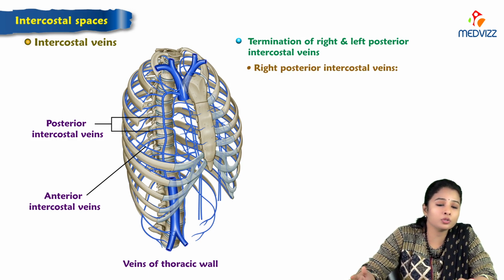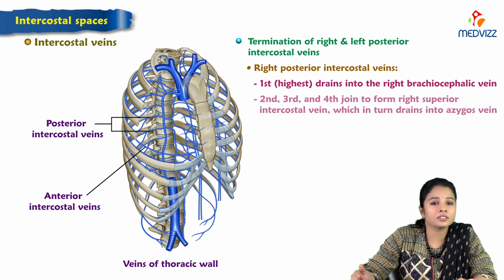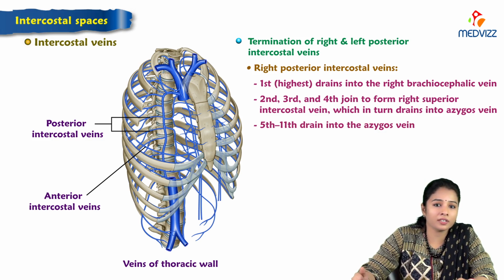On the right, the highest one drains into the right brachiocephalic vein. Second, third and fourth join to form the right superior intercostal vein, which in turn drains into the azygous vein. 5th to 11th drain into the azygous vein, and the subcostal vein drains again into the azygous vein.